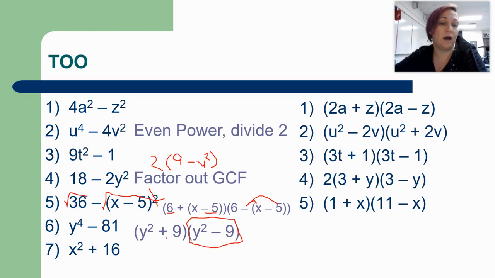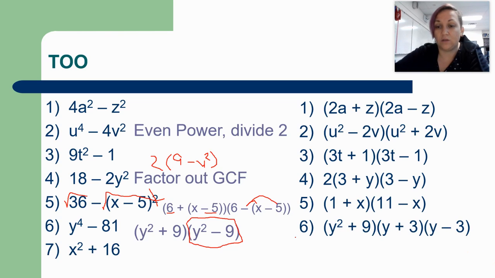And so I'm not going to factor that, but it is still going to be part of the answer. So I'm going to take my second parentheses, and I'm going to split it into a y plus 3 and a y minus 3. And then my first parentheses stays the same and stays part of the answer. Okay, so again, this one had 2 steps. Step 1 was difference of squares, and then step 2 was do the difference of squares again.